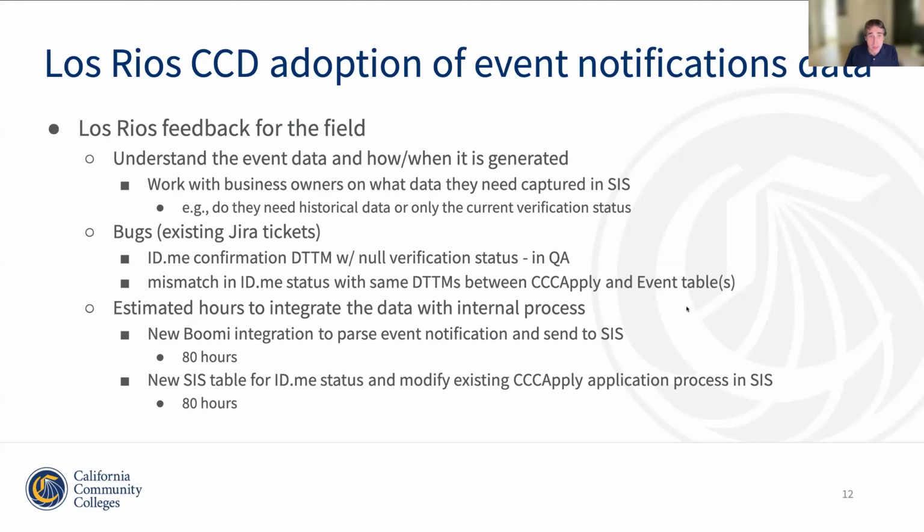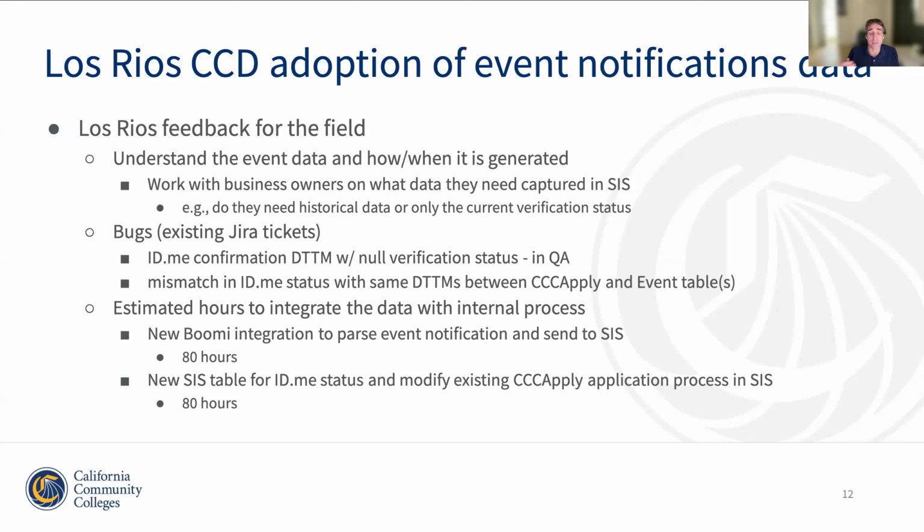And then for estimates on how to do this, we had two parts because of the Boomi. We had to do the Boomi integration, which is completely separate and also feeds into the other CRM, so we had to make sure that didn't affect that process. That took about a couple of weeks. The other process was building a new table in the SIS and also modifying the current process which reads the app data table.